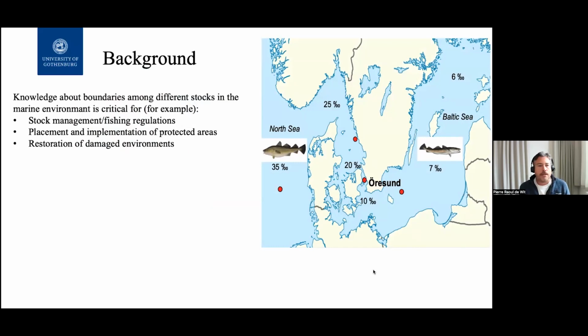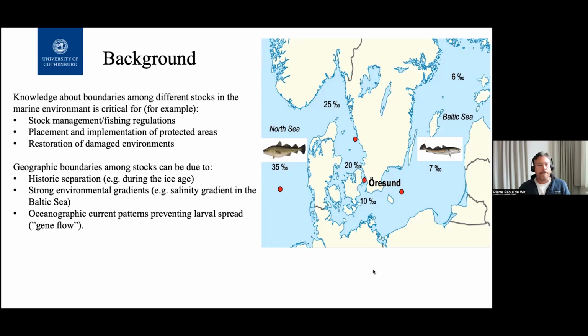Knowing where the boundaries are between those stocks is really important if you want to manage these stocks and regulate the fishery. It's also important if you want to protect the species by putting in protected areas. Where do you place those? And also if you want to restore a damaged environment or a damaged population, you need to know where these boundaries are.